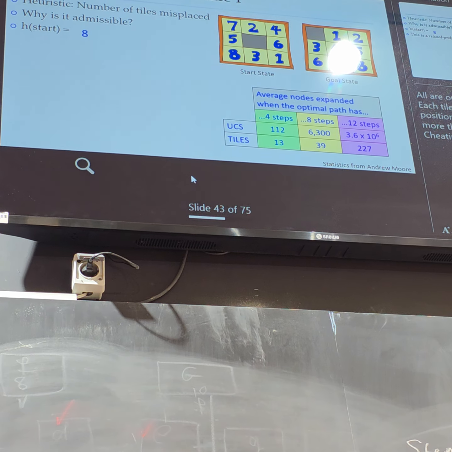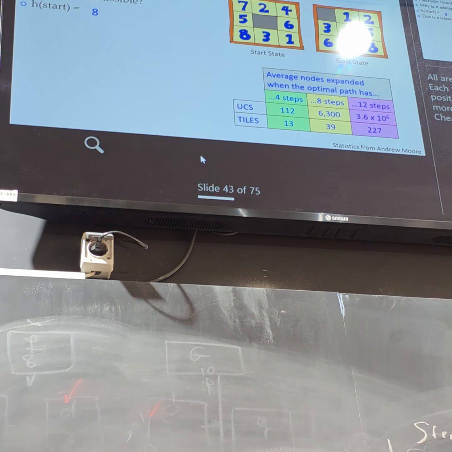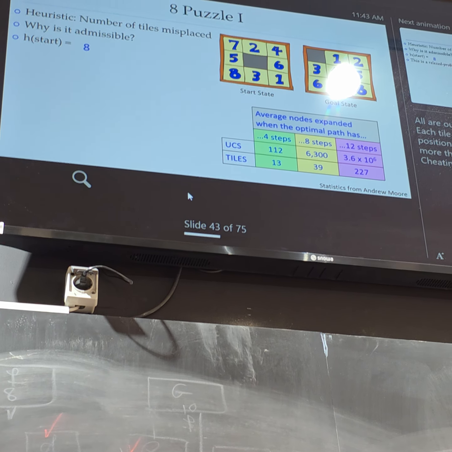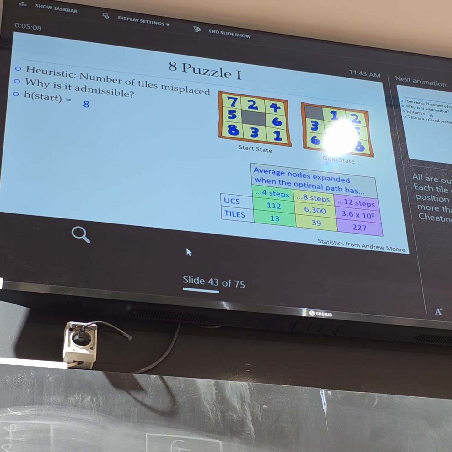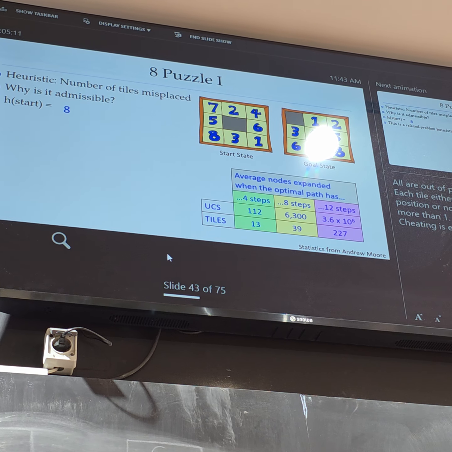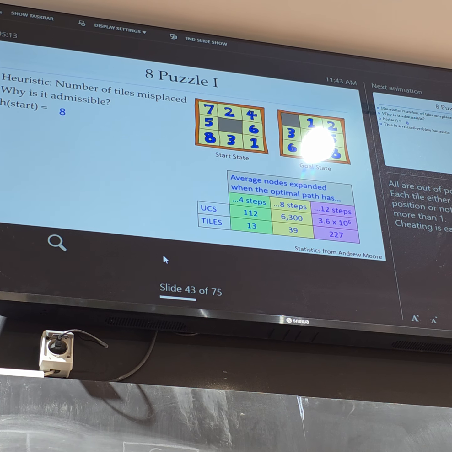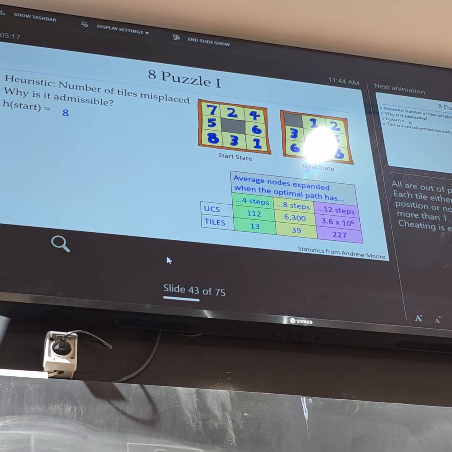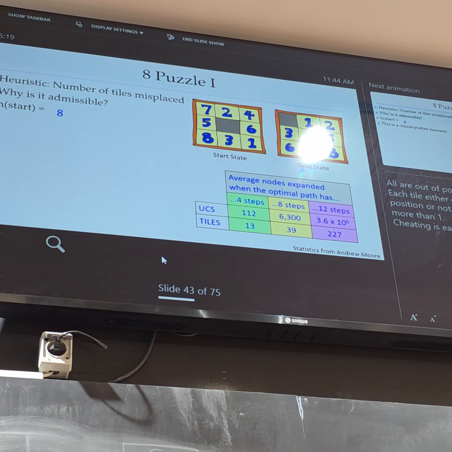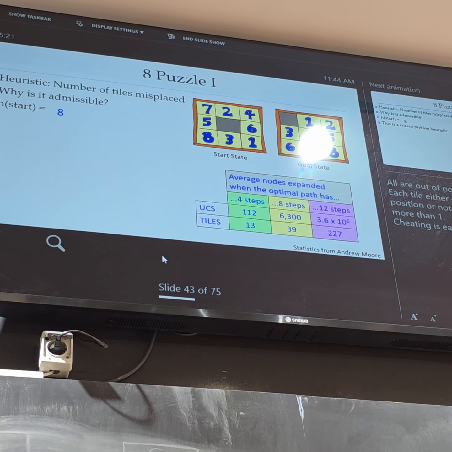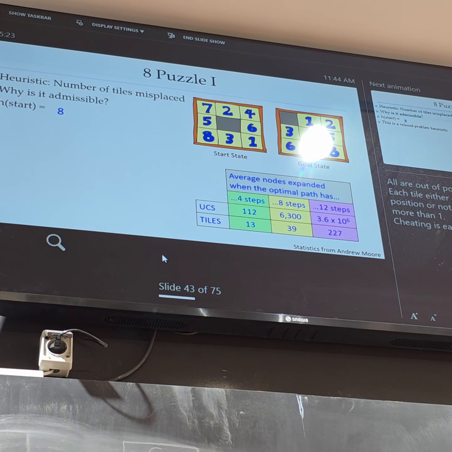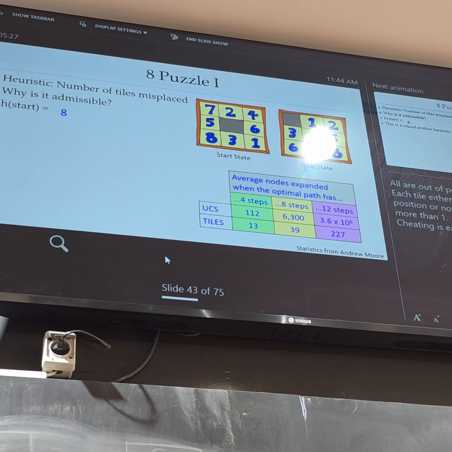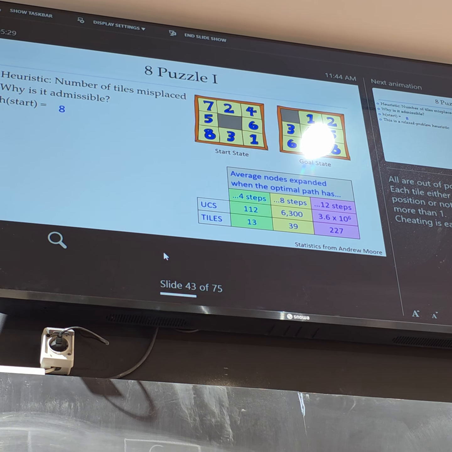When you consider mislocated tiles as a heuristic, as you remember, the iteration number decreases from 112 to 30. That is very, very good. And from 6,300 to 39. That is very, very good.